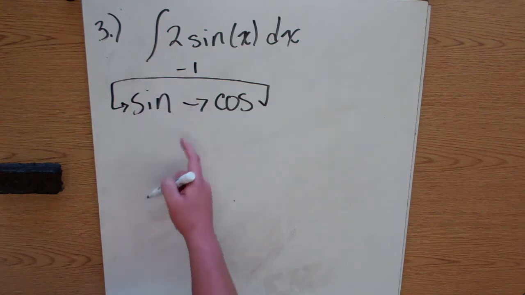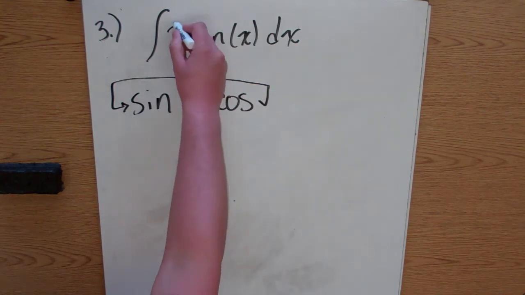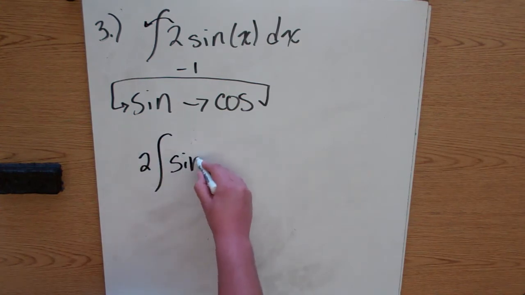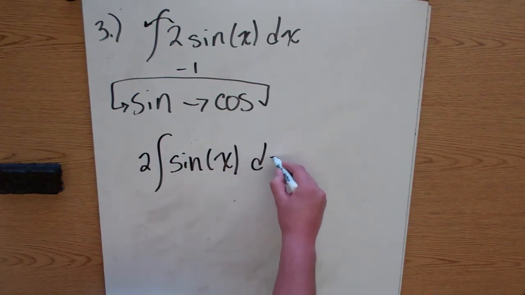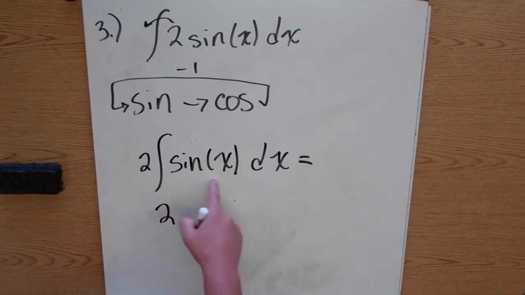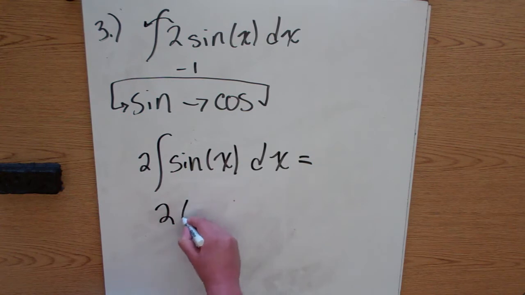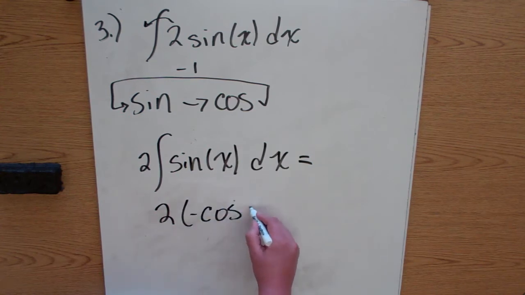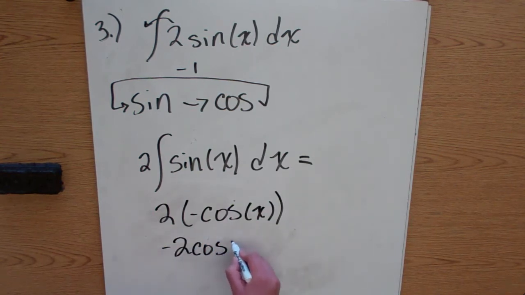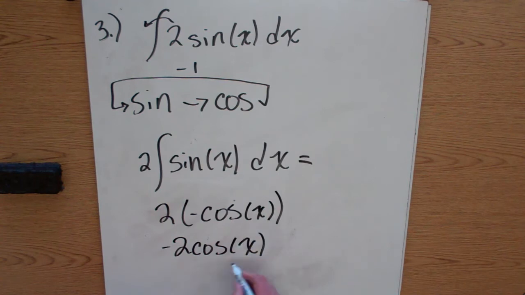So, to rewrite this, this 2 can be pulled out. So 2 integral sine of x dx is going to equal 2, and then your antiderivative of sine is negative cosine x. So just simply run all this together, negative 2 cosine x.